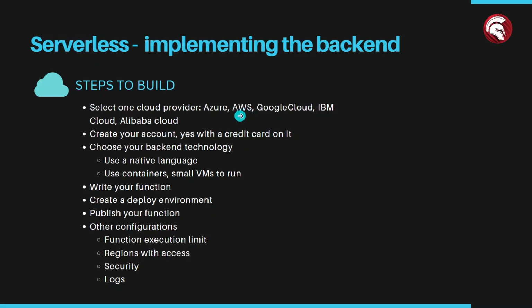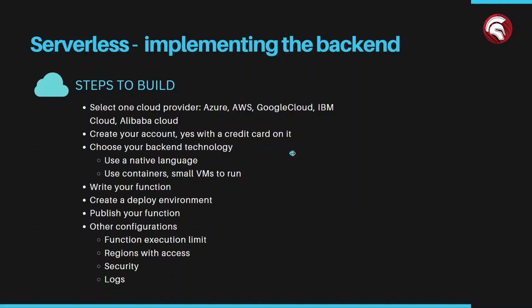But for AWS, Google, maybe you have to change some things, to change the native language, to change the way that serverless functions work, because each provider has some specificities by itself, okay? Right. The next step after we select the cloud provider, we have to create an account, yes, with a credit card on it, right?